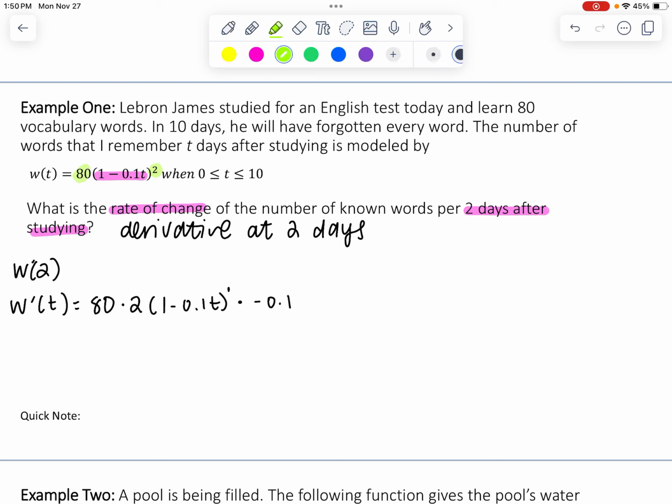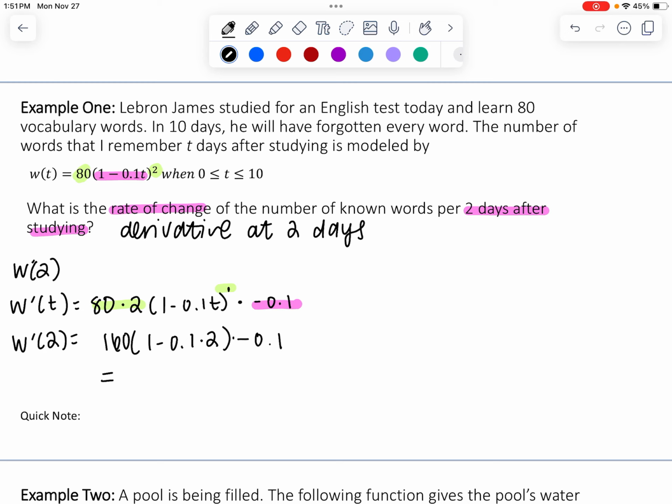So I'm just going to highlight this part was the derivative of the outside part. This was the derivative of the inside. I have the derivative now, and I'm going to plug in 2 for t. So I'm going to do 80 times 2, which is just 160. And then 1 minus 0.1 times 2, times negative 0.1.